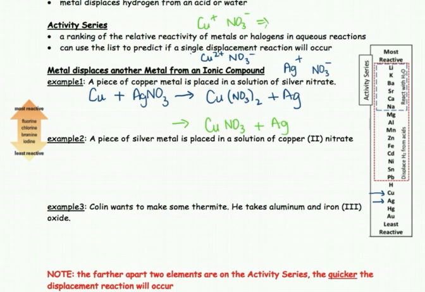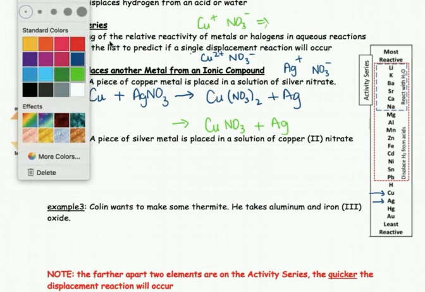If you wanted to practice and balance it out, you can do that as well. If you're getting a hang of state symbols, you can do that as well. Any of the metals will be solids, these compounds generally are aqueous, and here the silver would come out as a solid as well. All right, let's move on to the next one.